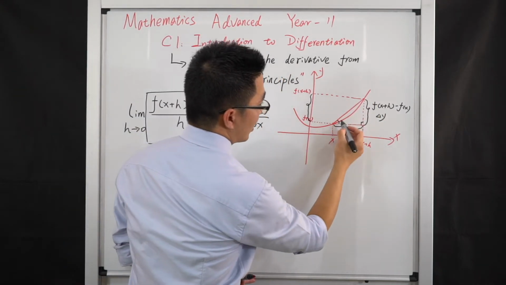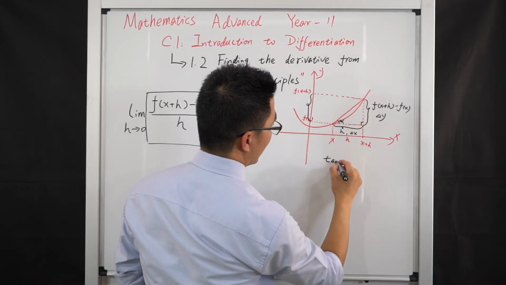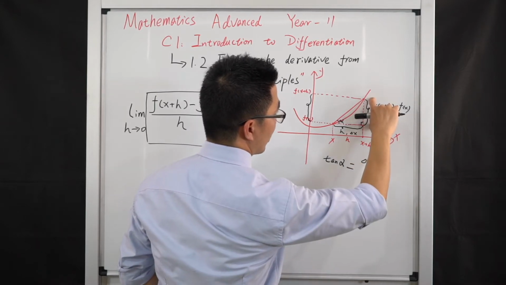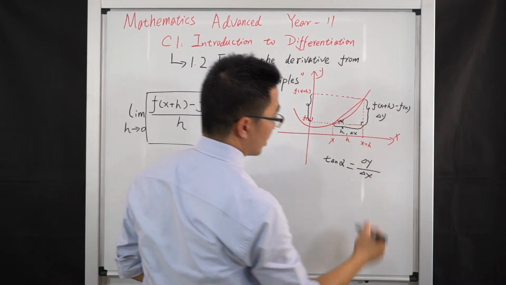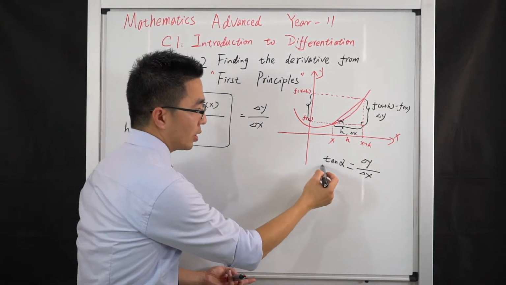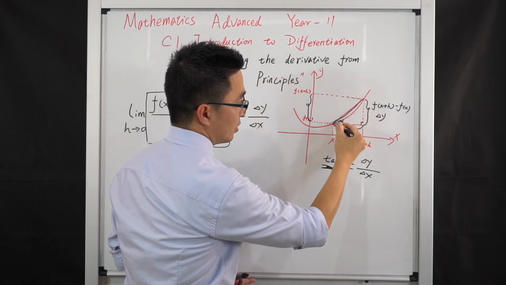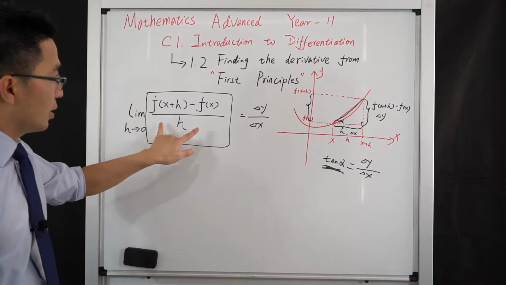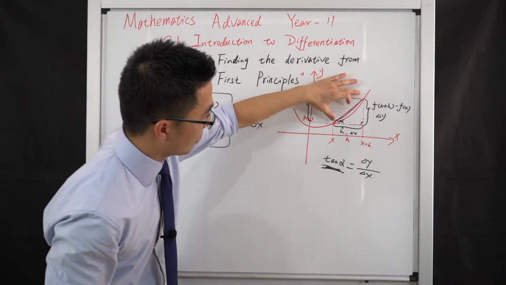If this angle is alpha, then tan alpha equals the delta y, the rise, over the delta x, the run. So this one is the gradient of this secant. Without the limit, this ratio is the gradient of this secant.